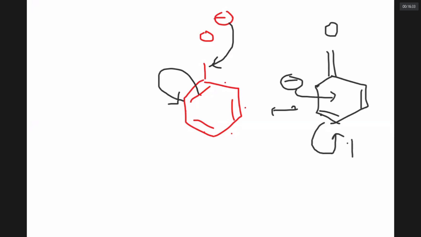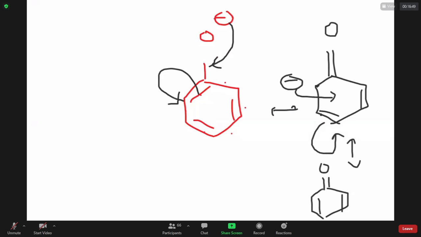Now you have the next canonical structure like this. Again, the negative charge can come in between these two carbons and the pi bond can go over there.